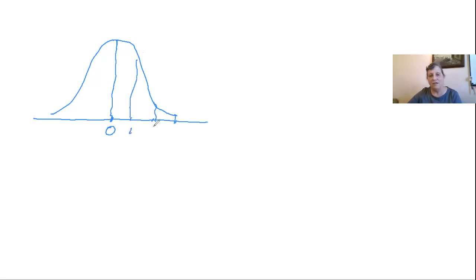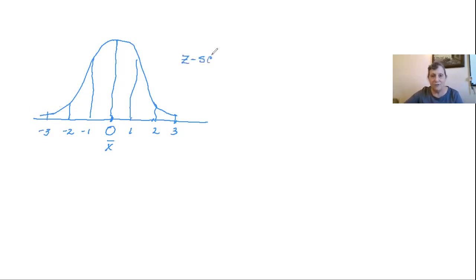So this would be 1 standard deviation, 2 standard deviations, 3 standard deviations. Going in the other direction, we'd have -1, which represents 1 standard deviation below the average. Here's our average. -2 standard deviations below the average. -3 standard deviations below the average.